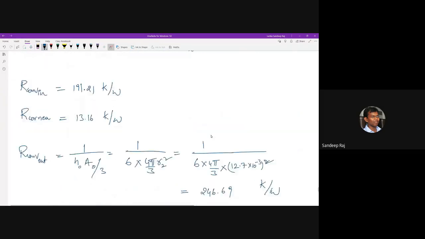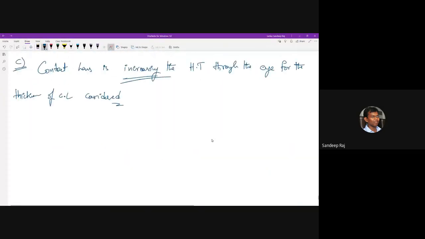So the heat transfer will increase. R critical, let me put it as small r. R critical is 26 centimeters, and the thickness is 1.6 centimeters.